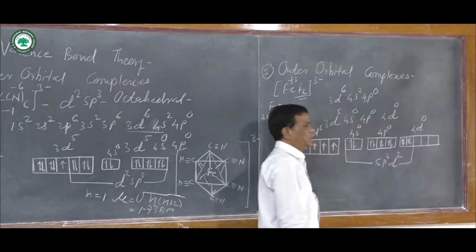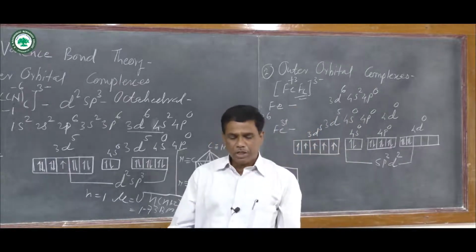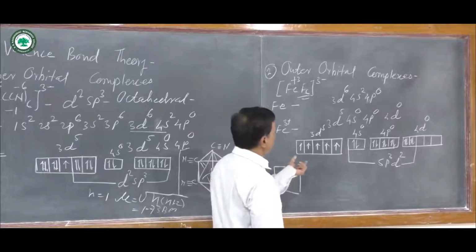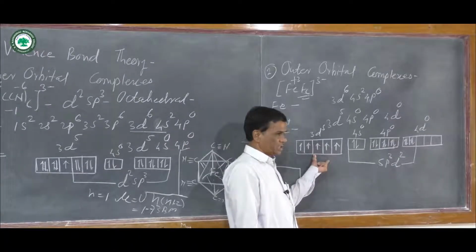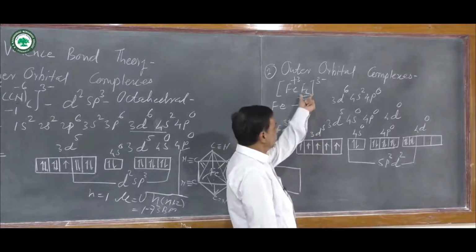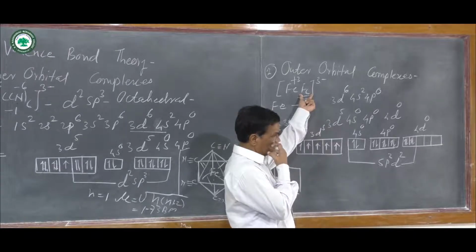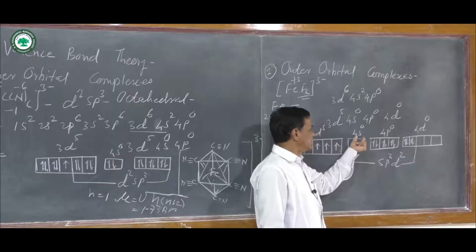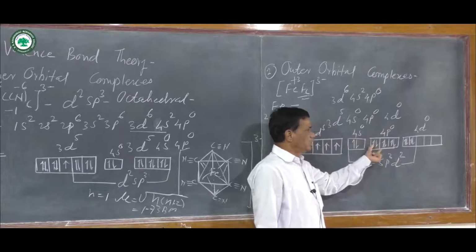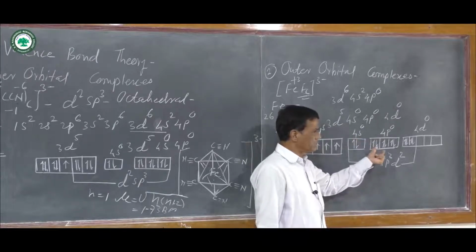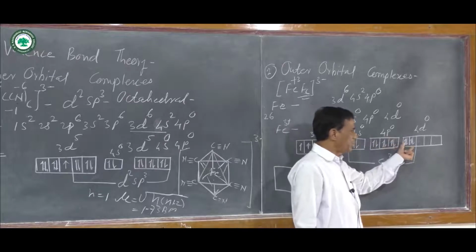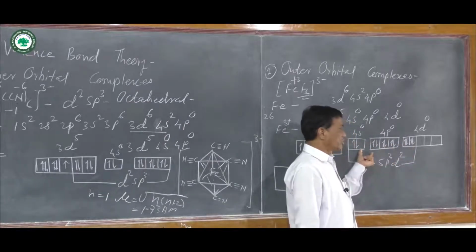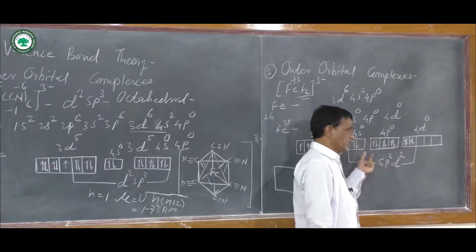And these are the 12 electrons. In the [FeF6]3- complex ion, 5 unpaired electrons are there. Fluoride ligands donate 12 electrons, and these 12 electrons are represented in 4s, then three 4p orbitals and two 4d orbitals, and here is a pairing of electrons, and 6 sigma bonds are formed.